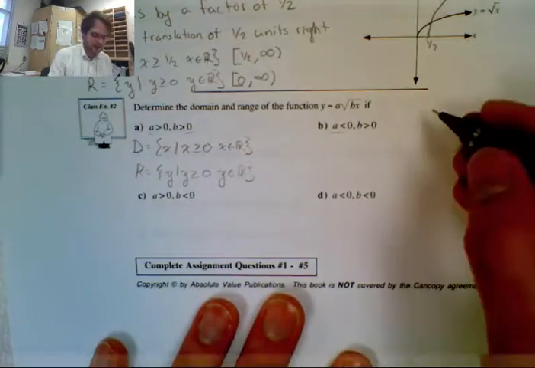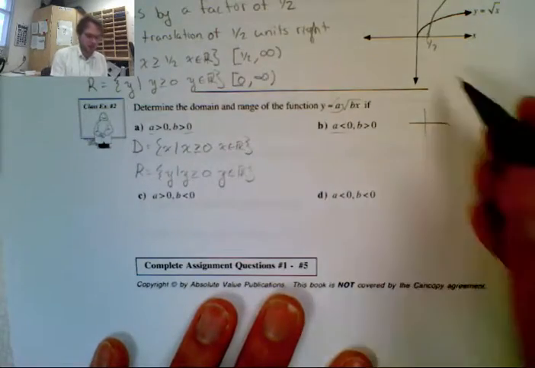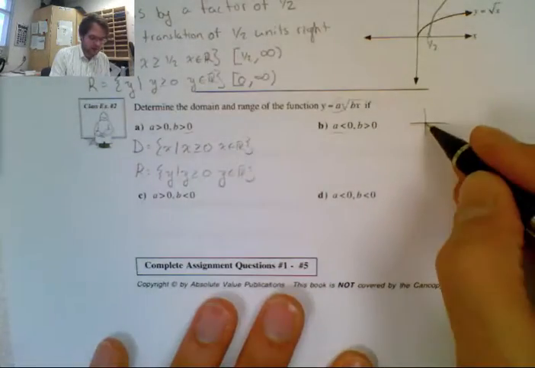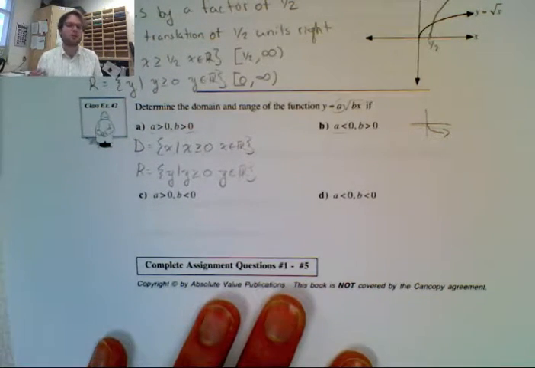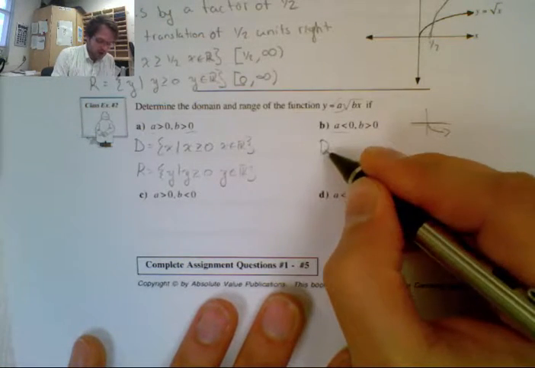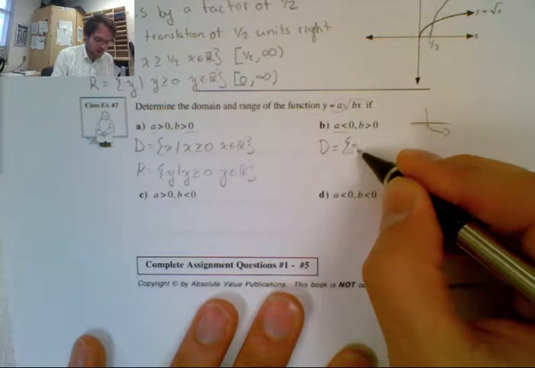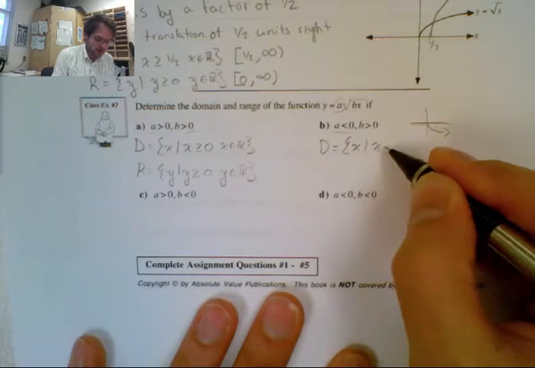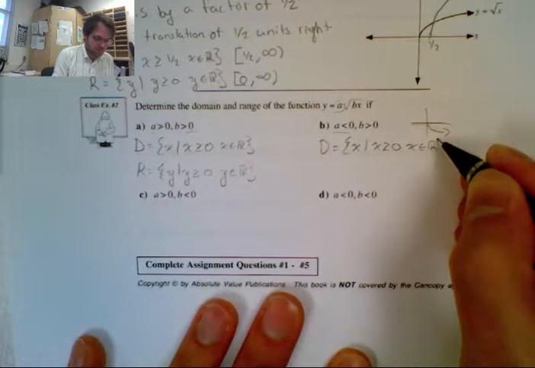Now here we have a is less than 0. So if a is less than 0, that means a is outside. We have a reflection in my x-axis, so my graph is going to look like that instead. Now that doesn't affect the domain, but it really affects the range. So we look at this here. My domain is the same as the question before, as in part A. We're going to have x such that x is greater than or equal to 0, and x is an element of all real numbers.